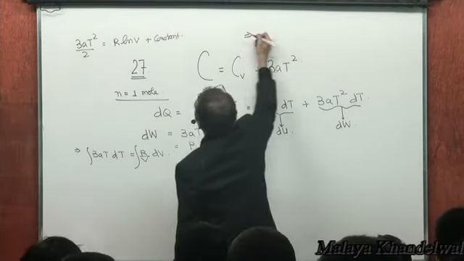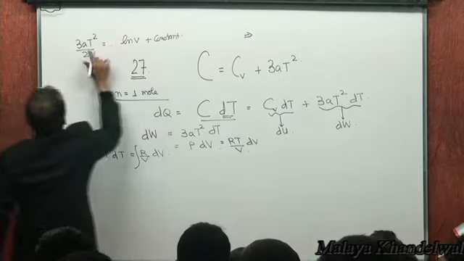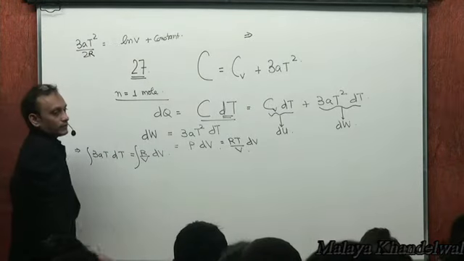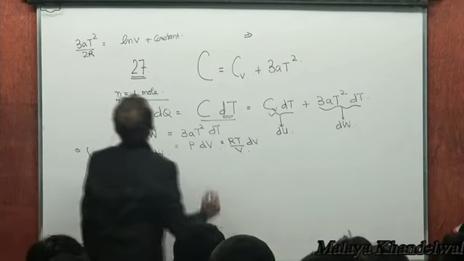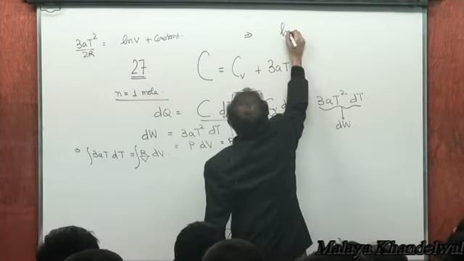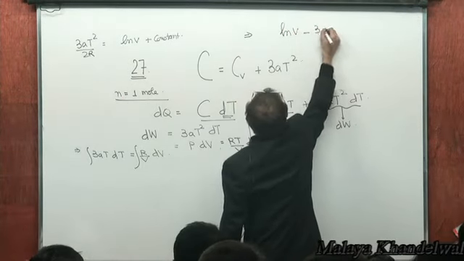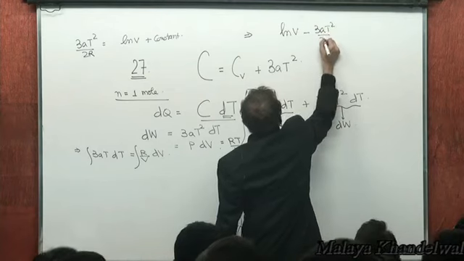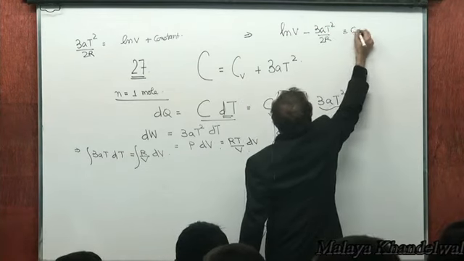Or I can say, let me bring this R here. I can say log V minus 3a T squared by 2R equals a constant.